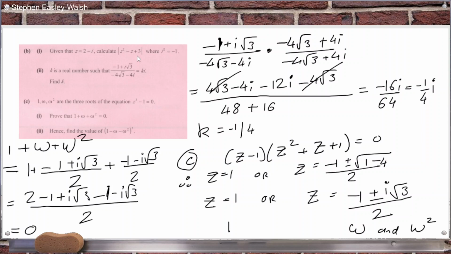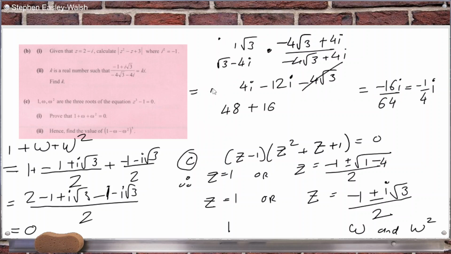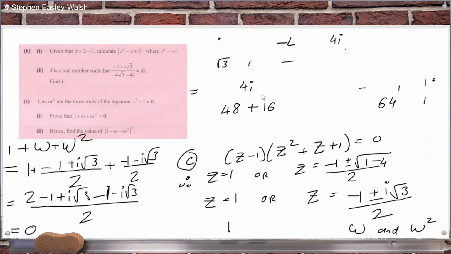And now for the second part, let me just make some space up the top here. We just want to calculate (1 minus omega squared) to the power of 5.